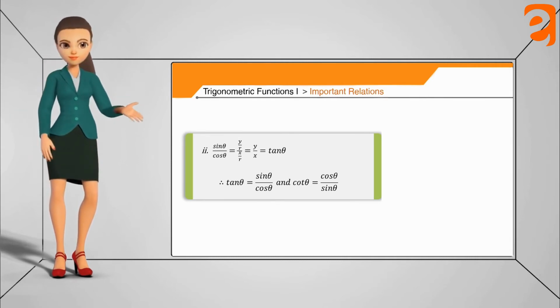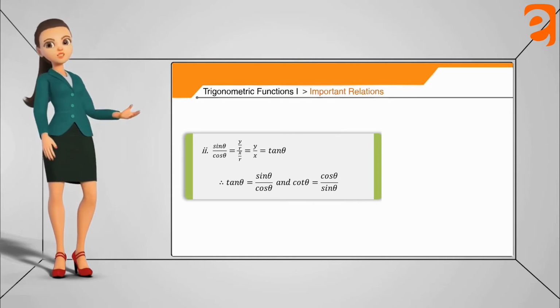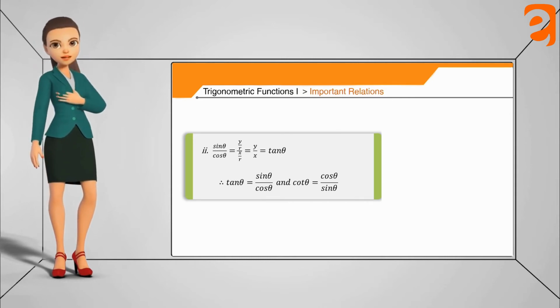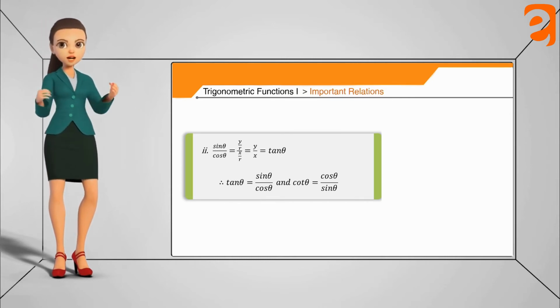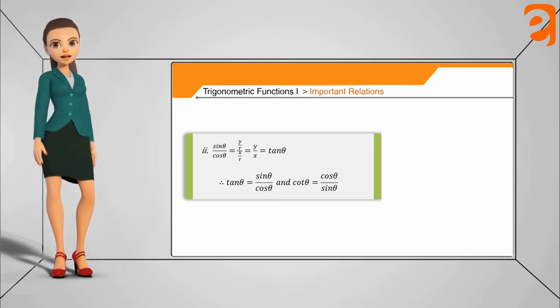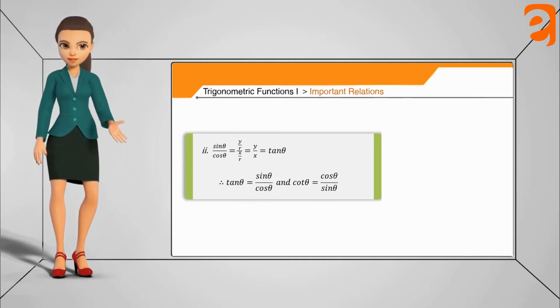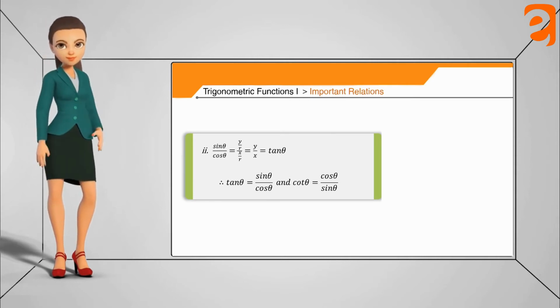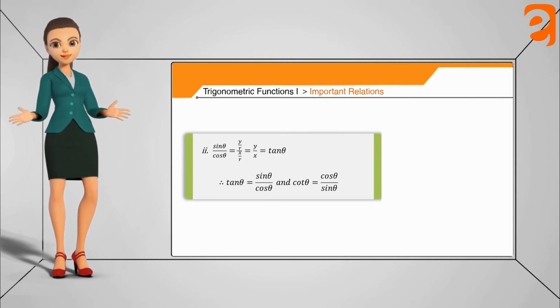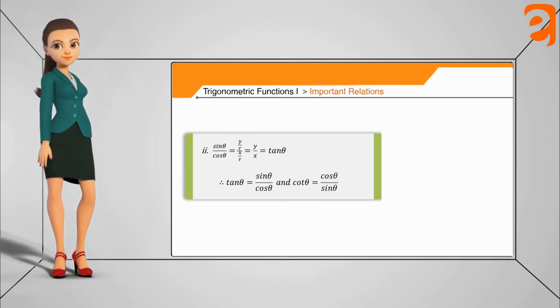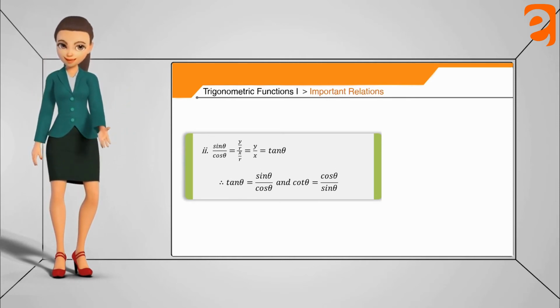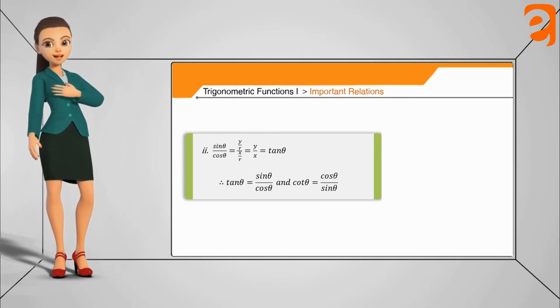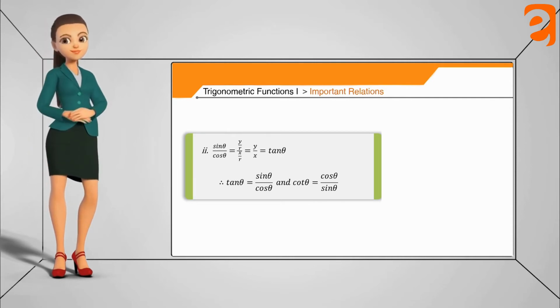On simplification, it comes out to be y by x. Y by x means perpendicular by base. Do you remember the definition of tan theta? It says that tan theta is the perpendicular divided by the base of that right angle triangle. So this is exactly tan theta. So the relationship is that tan theta is equal to sin theta divided by cos theta.